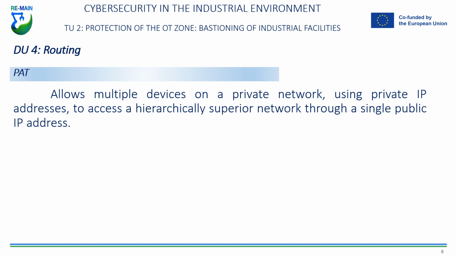In this way, PAT allows multiple devices on a private network to share a single public IP address, which helps protect the privacy and security of the devices on the private network. In addition, PAT also provides a certain level of additional security by hiding the private IP addresses of the devices on the private network behind the router's public IP address.